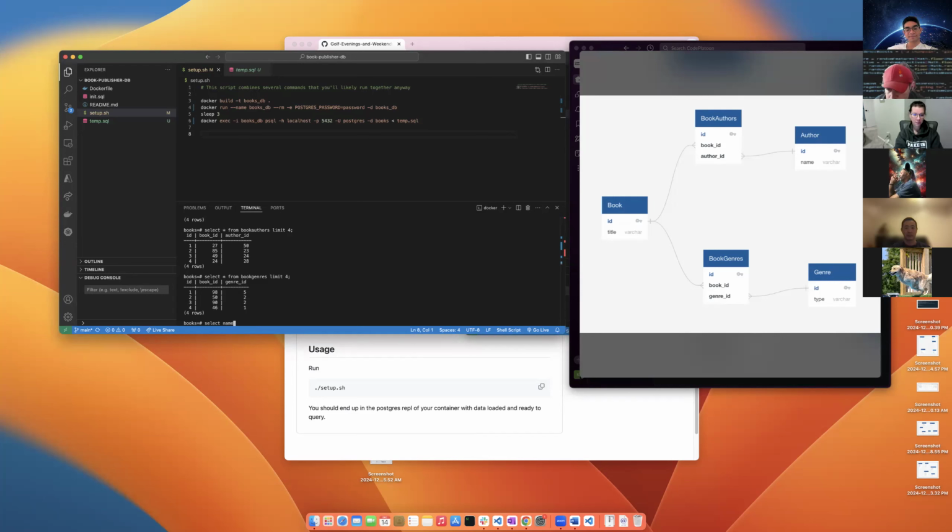So we want to select name from, and we have to go back all the way to book, I believe, right? And join. Am I doing this right, guys?